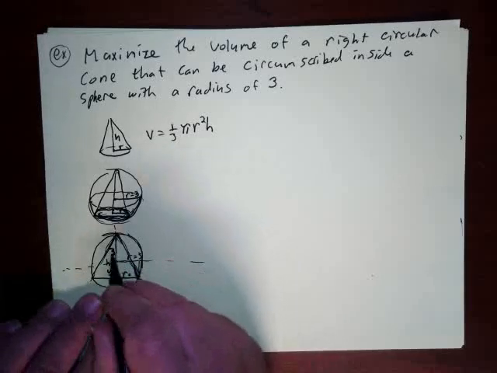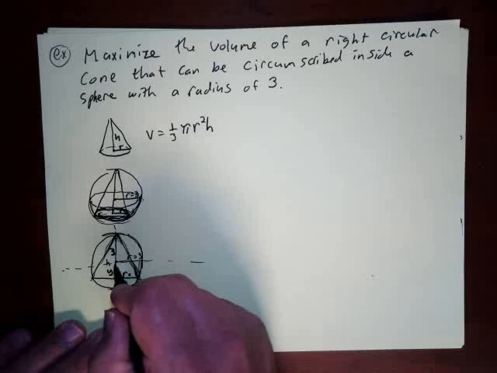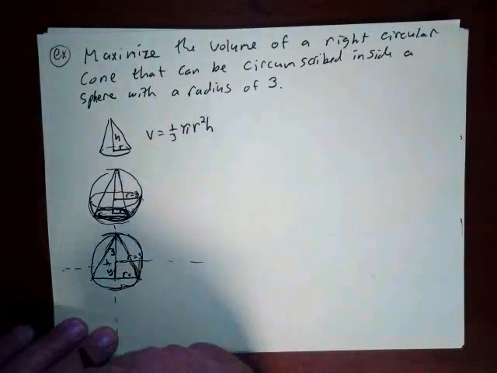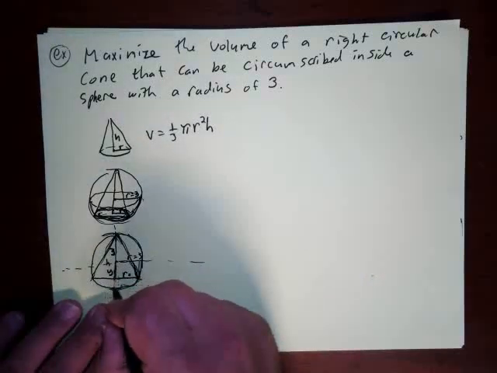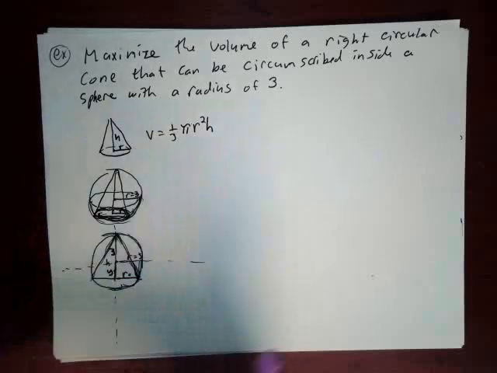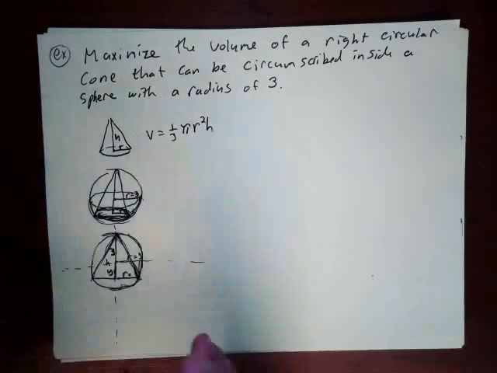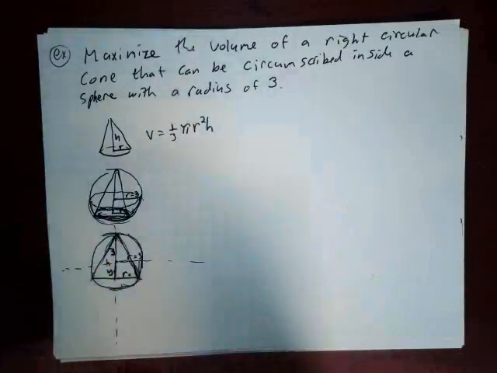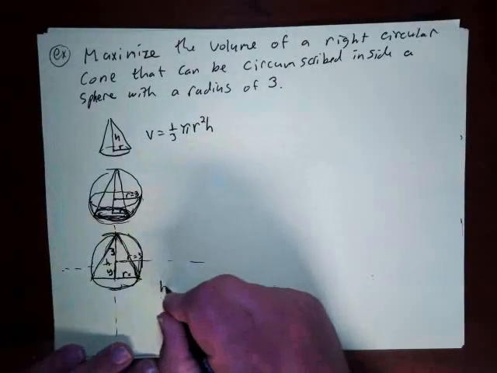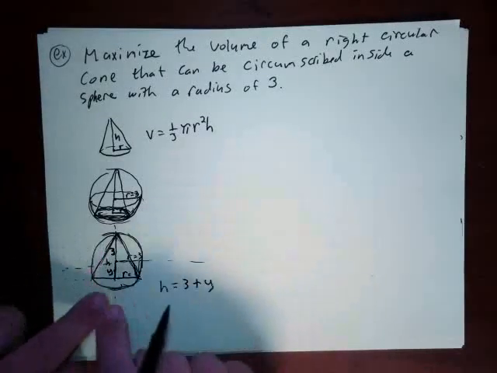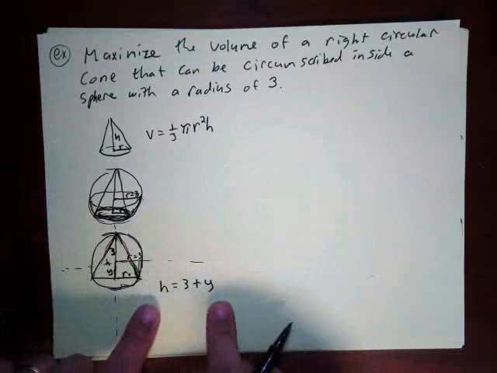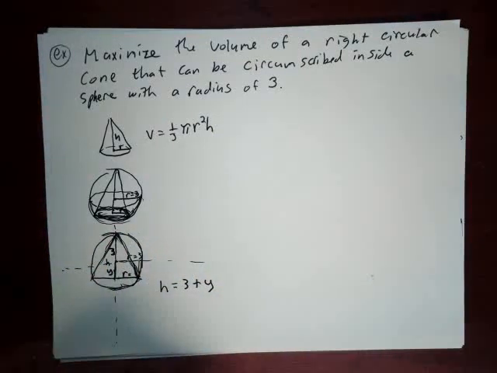We're going to let y go from 0 down to 3, or 0 down to -3, but it works either way, so don't worry about that. I'm going to say that the height is equal to 3 plus whatever that y is. That's going to be the height of your cone.